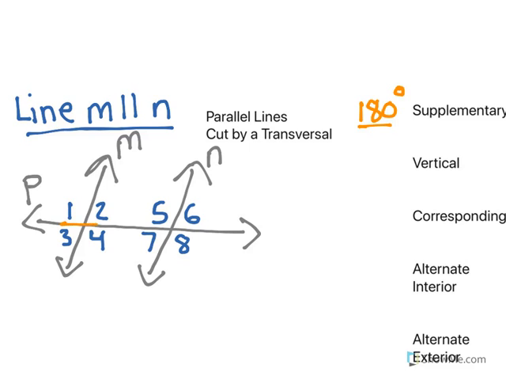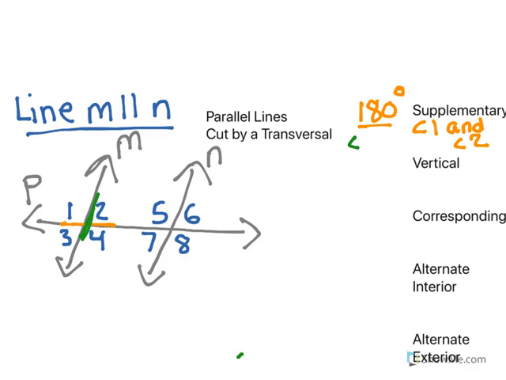So that's angles like 1 and 2. They share this orange line right here. They are adjacent on this line. And since a line adds up to 180, that means that angle 1 and angle 2 are supplementary. By the same token, we could also say angle 2 and angle 4 share the same line.